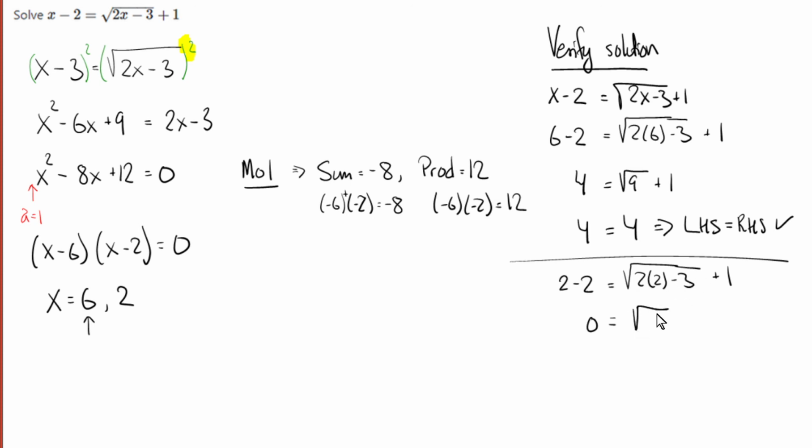So we have square root of 1 plus 1, which is going to be equal to 2. And here we can see that the left-hand side is not equal to the right-hand side, which means that the 2 here is not a valid root and we have to reject it.